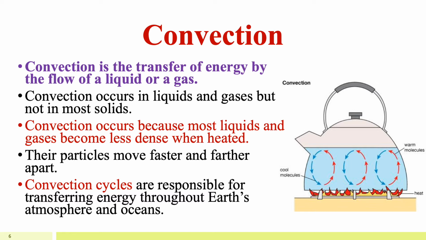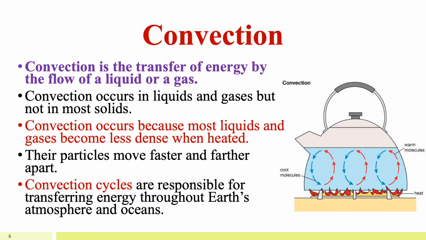Why does convection happen? Because liquids and gases become less dense when they get hotter. When they are heated, they become less dense, so their particles move faster and farther apart.